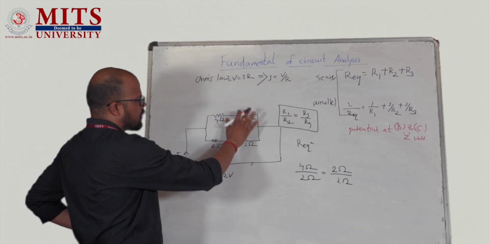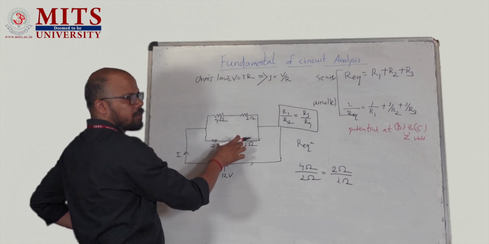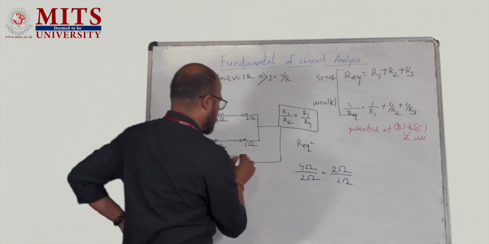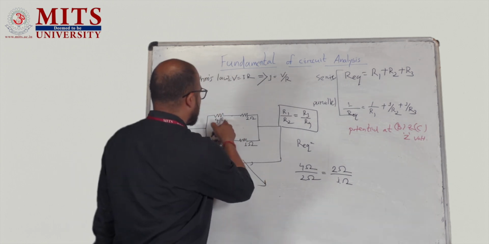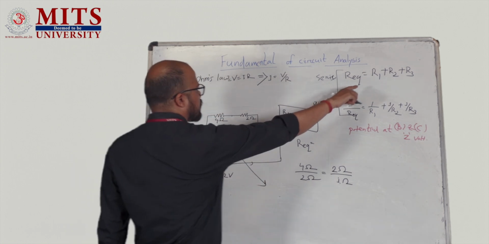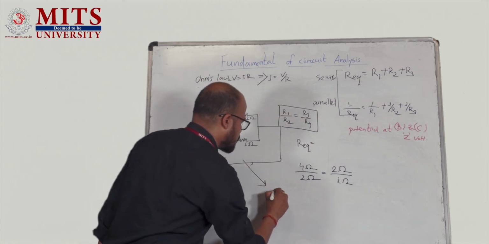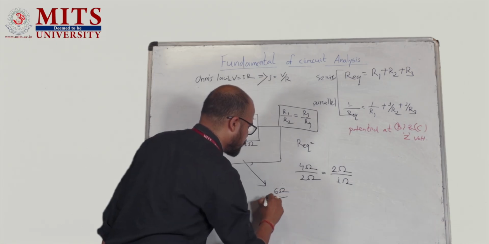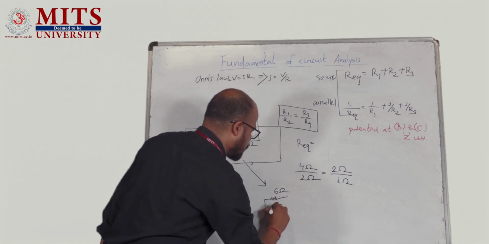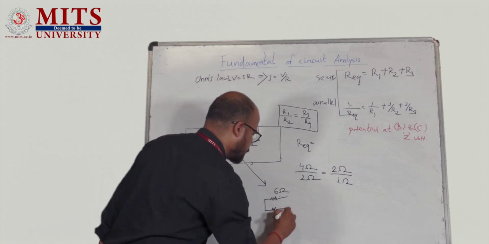So now if you see carefully, these two resistors are in series, and these two are in parallel. What is the formula for series resistance? 4 plus 2, so this is 6 ohm. And this one is 2 ohm.